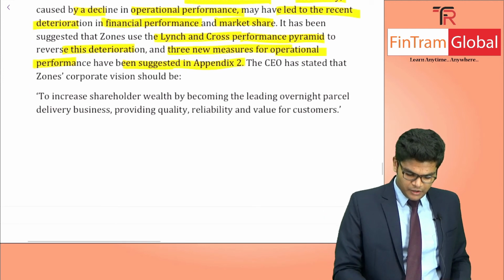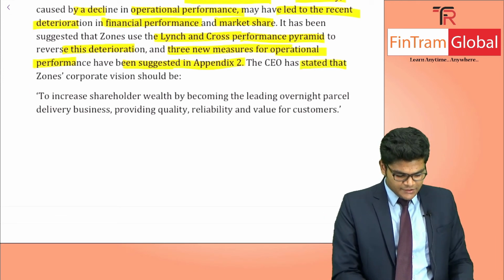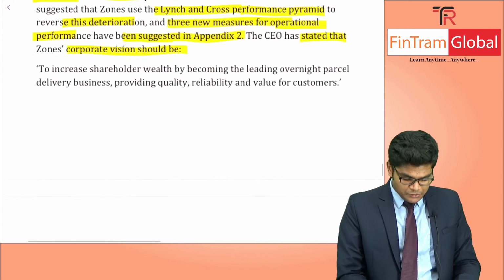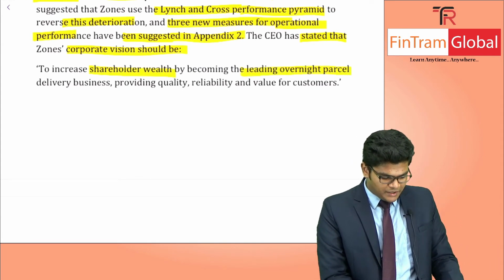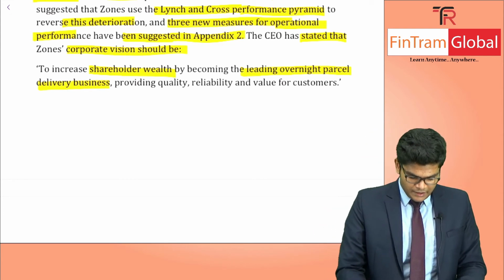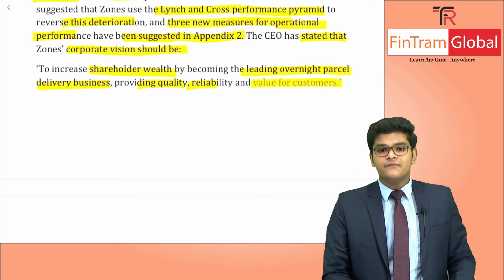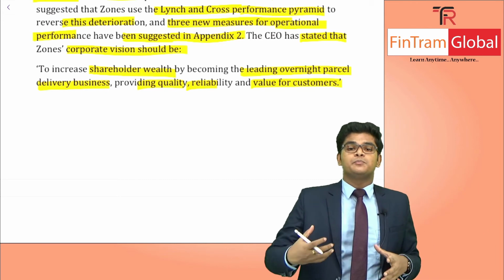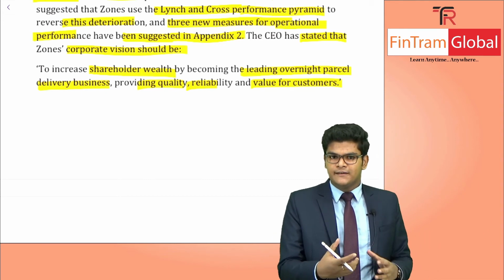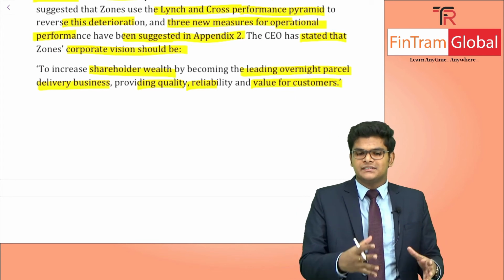So yeah, moving on. The CEO has stated that Zones' corporate vision should be to increase shareholders' wealth by becoming the leading overnight parcel delivery service and providing quality, reliability and value for customers. Okay, so the CEO has proposed a new corporate vision. And now what we have to do is work towards this, isn't it?